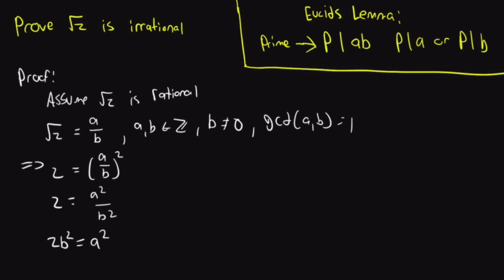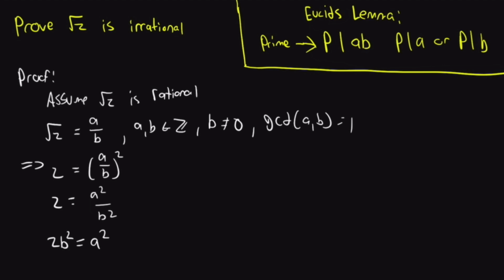As you can see, the left-hand side is a multiple of 2, which means that it is even. And it's equal to A squared, which means that A squared is divisible by 2 because it's also a multiple of 2. One interesting thing that we could use is something called Euclid's lemma.